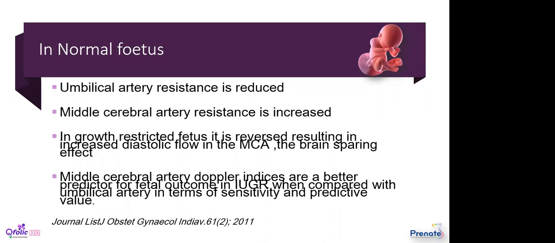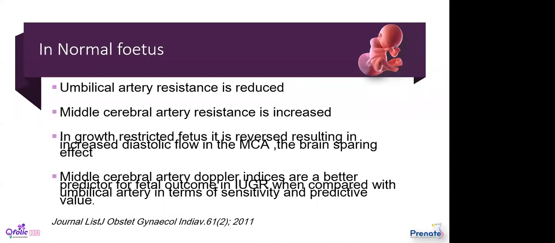That's why increased blood supply to the placenta occurs, and the baby's growth is normal. On the other hand, in the middle cerebral artery, resistance is increased, with decreased diastolic flow. This happens in normal pregnancy, but in growth restricted fetuses, there's a reversal of this phenomenon.